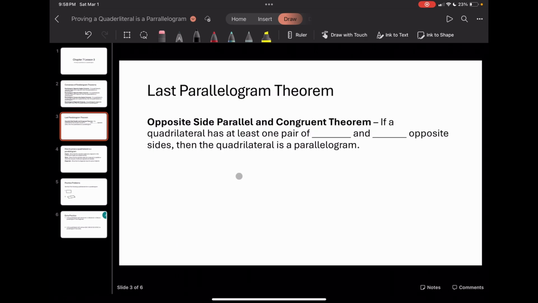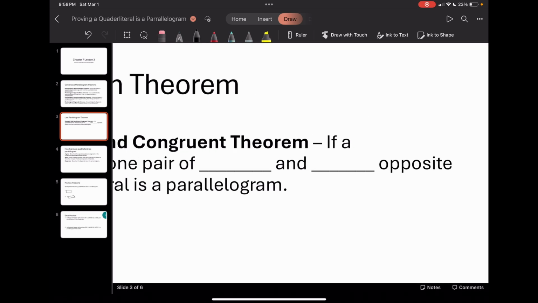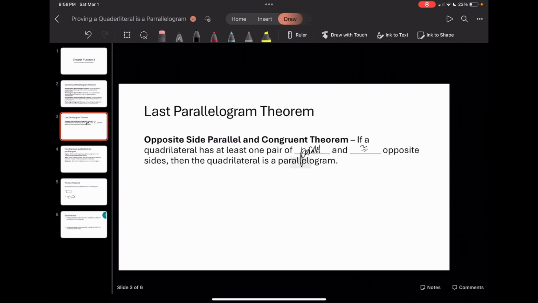This is a theorem. So the opposite sides parallel and congruent theorem. If a quadrilateral has one pair of parallel and congruent opposite sides, then the quadrilateral is a parallelogram. Well, it kind of says it in the name. So this is our last theorem.